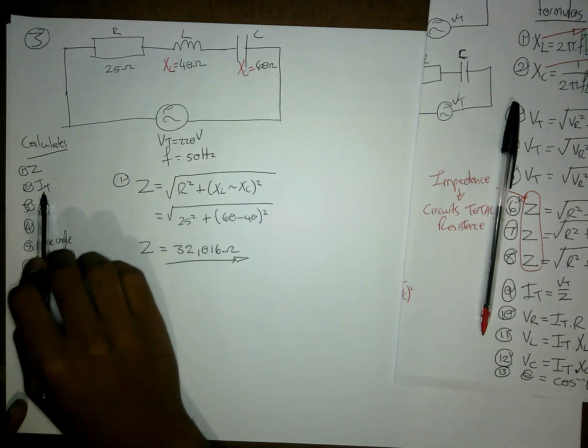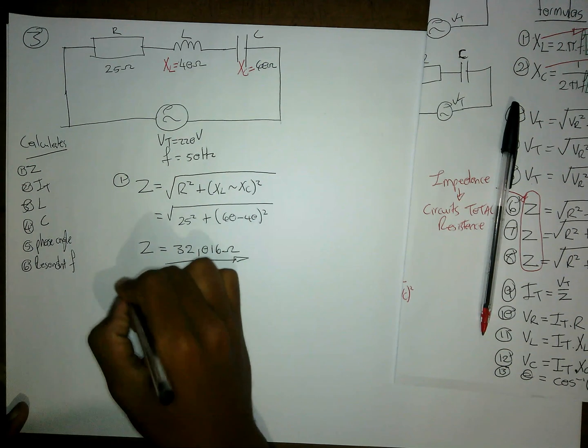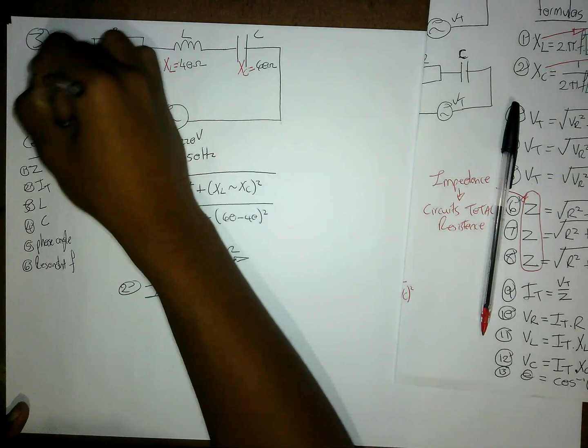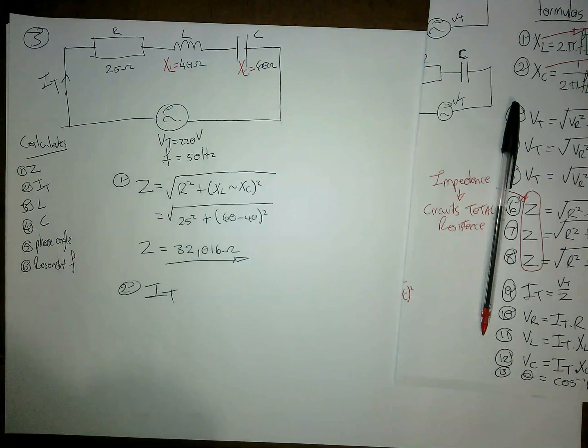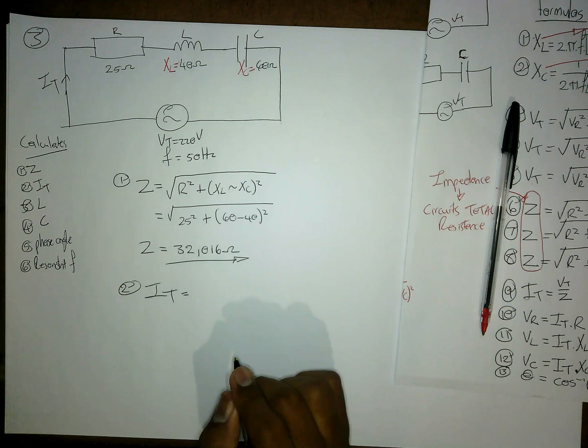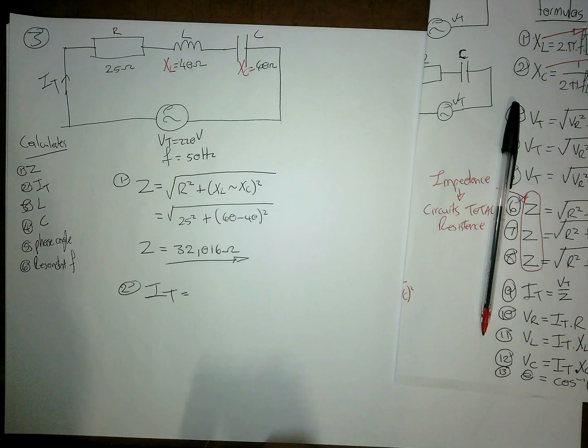Number 2 is for I total. So for our I total, you guys must tell me the formula for this now. This question we're supposed to do together.